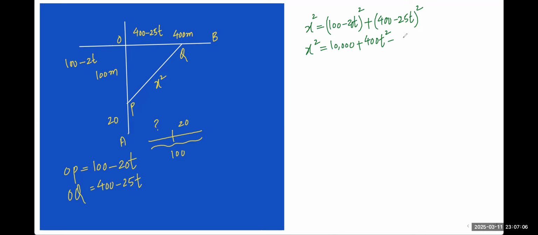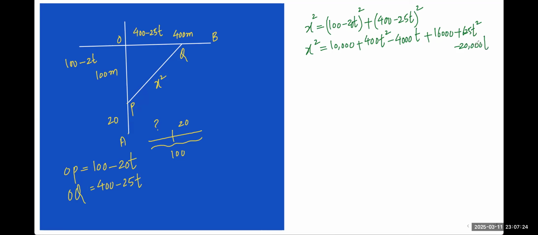Plus 160,000 this one, plus 625t squared this one, minus 20,000t this one.